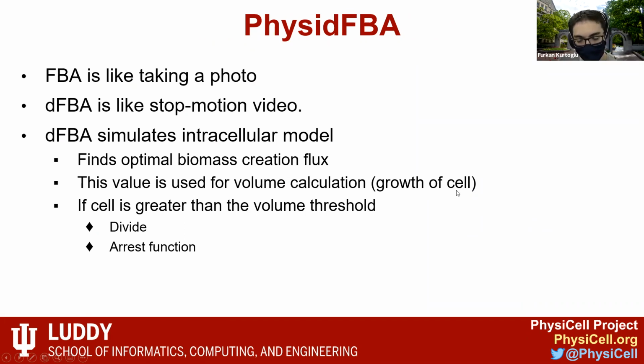So when you go to the PhysiDFBA GitHub, what you will see is there are some volume calculations based on the optimization result. If the cell volume is greater than that given threshold, then it's allowed to divide. As you can remember, it's the arrest function. So this is how PhysiDFBA is implemented.